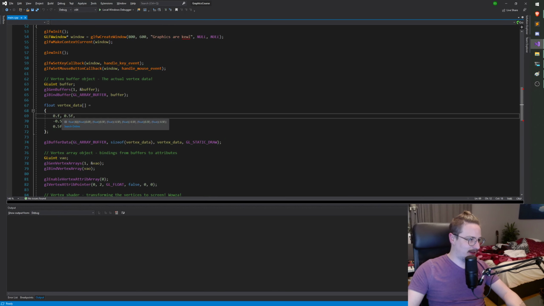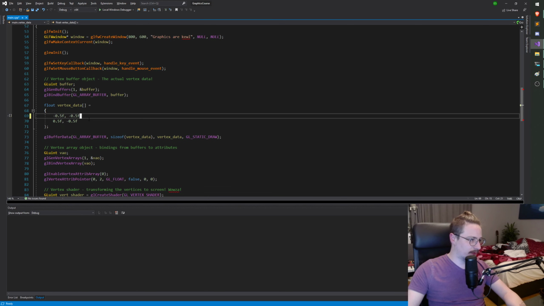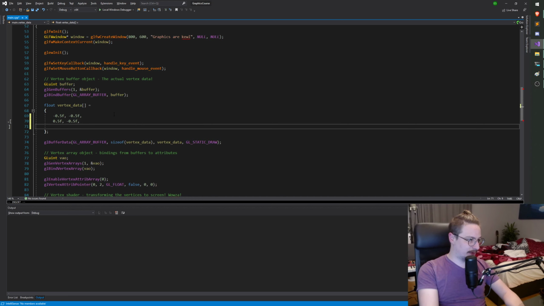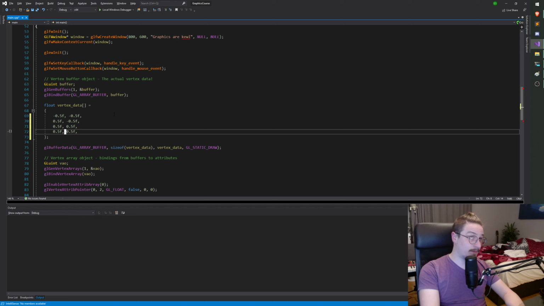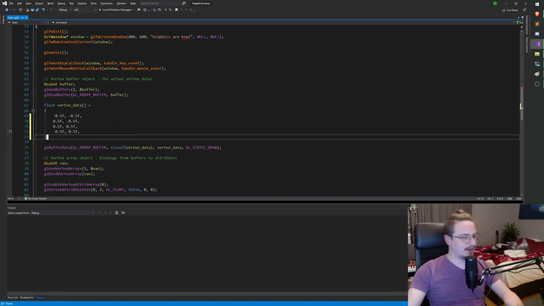So I'm just going to keep those 2. They stay. We're starting bottom left, and I'm going bottom right, and then we'll go top right, so that is positive positive, and then we'll go top left, so that's negative positive, like so.